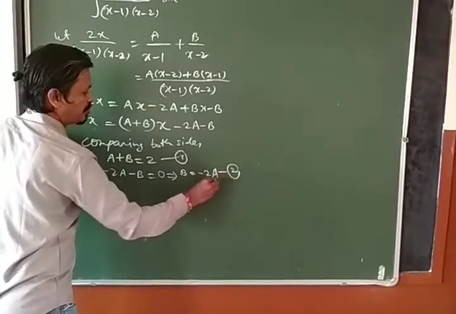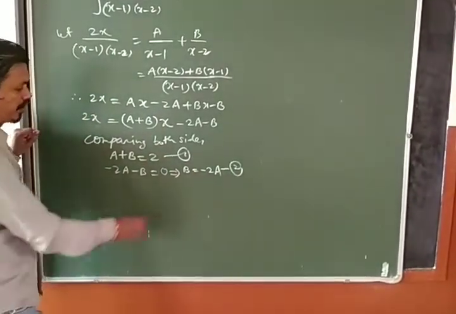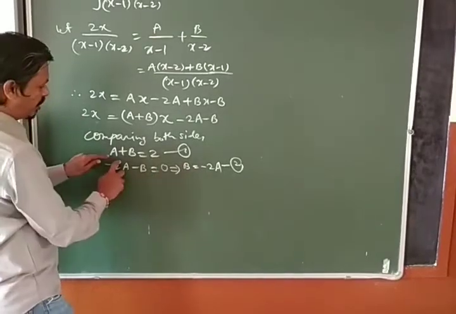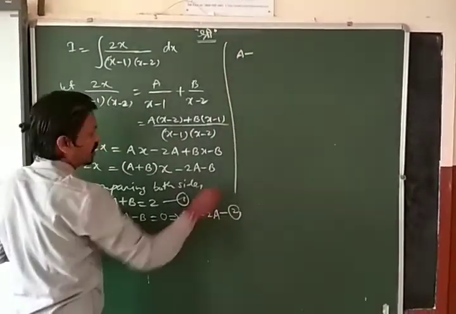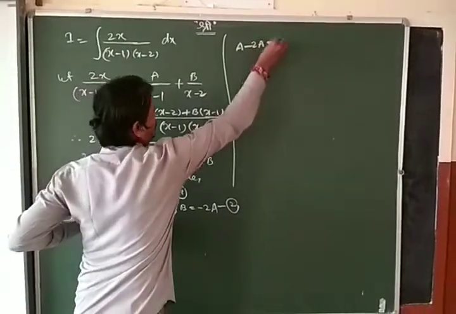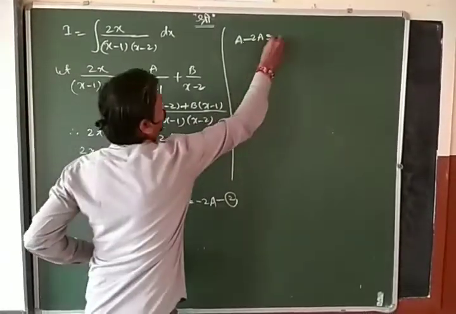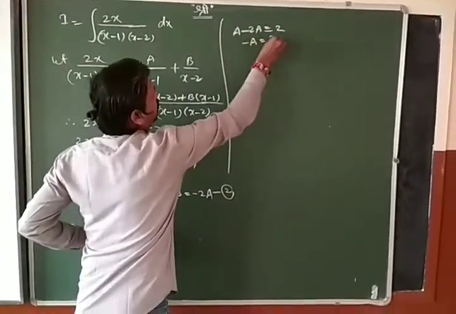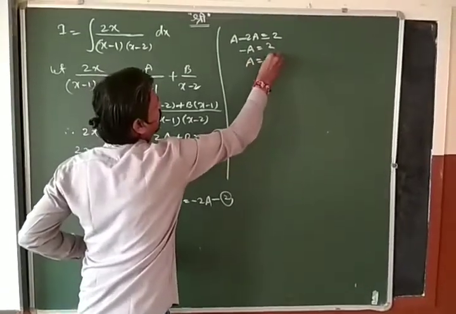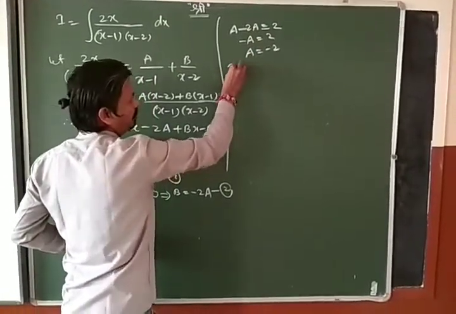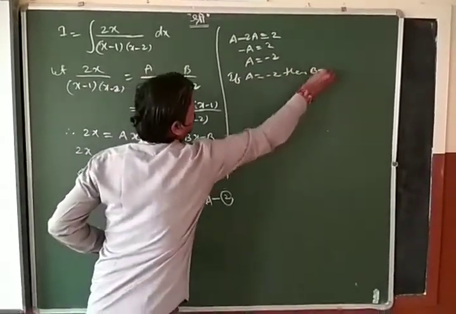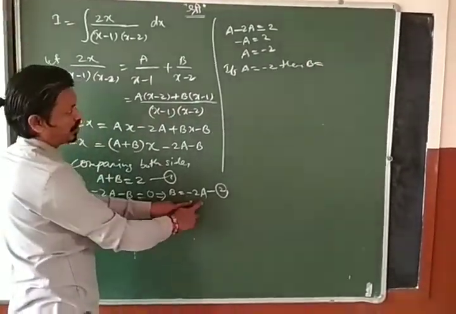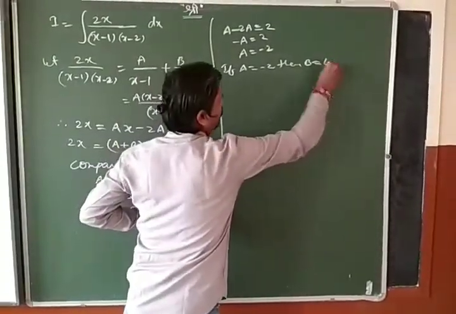Now after solving these two equations, we will find the values of A and B. Put B equal to minus 2A here, so we get A minus 2A equal to 2. So minus A will be 2, A is minus 2. If A is minus 2, then B will be minus 2 into A, meaning minus 2 into minus 2 will be 4.